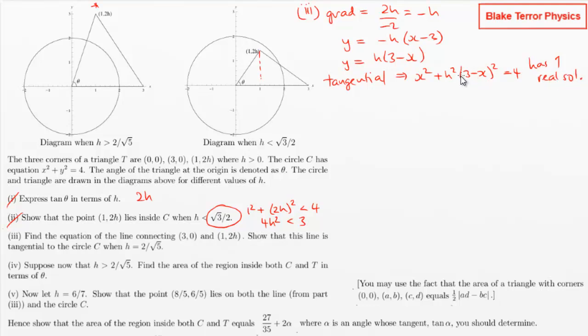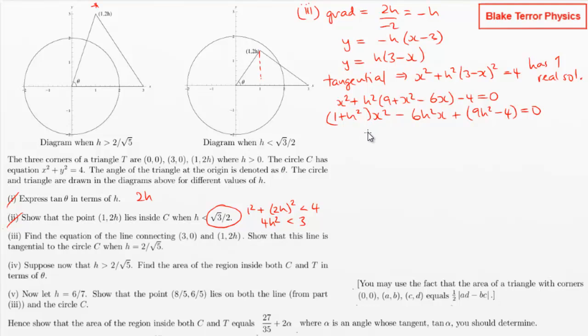So let's set about fixing this. x squared plus h squared (9 plus x squared minus 6x) minus 4 equals 0. How many x squareds have we got? 1 plus h squared. Lots of x squared. How many x's have we got? Minus 6h squared x. And what have we got at the end? We've got 9h squared minus 4. I'll put it in brackets just so I don't forget that that is our c.